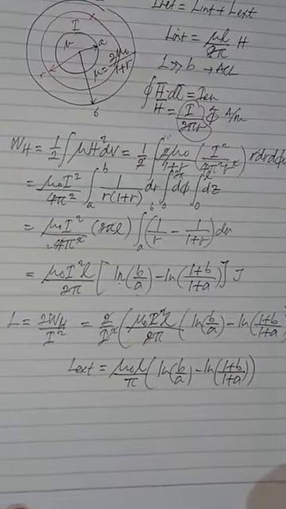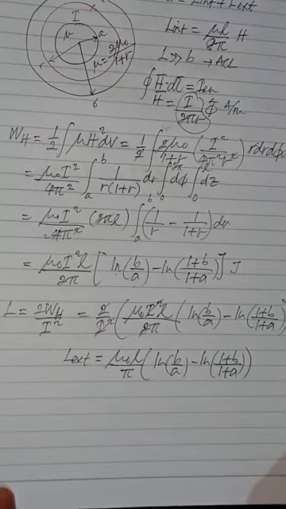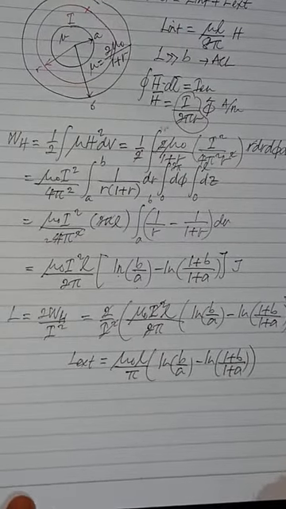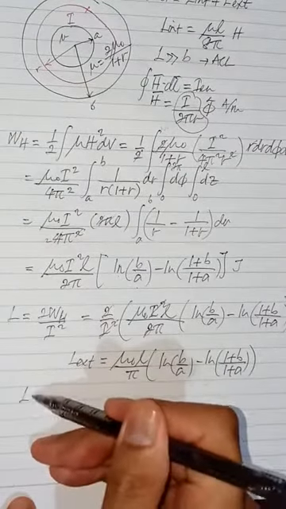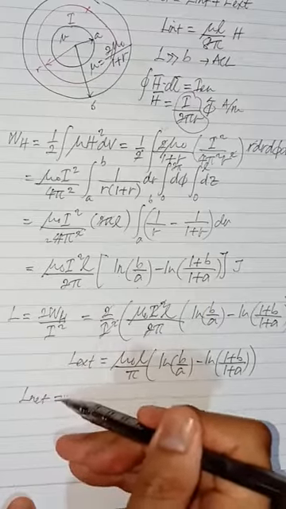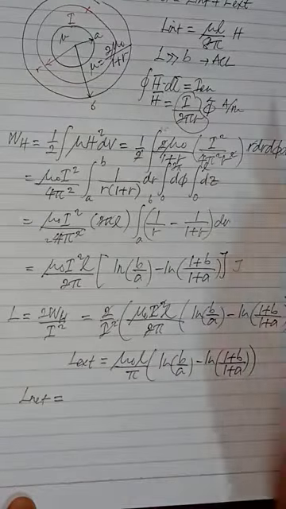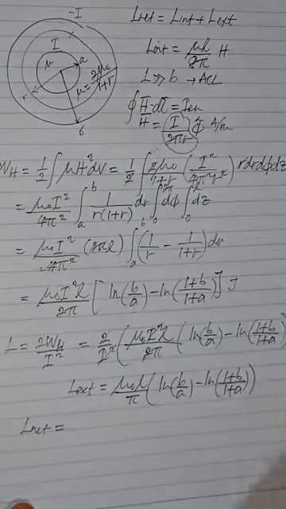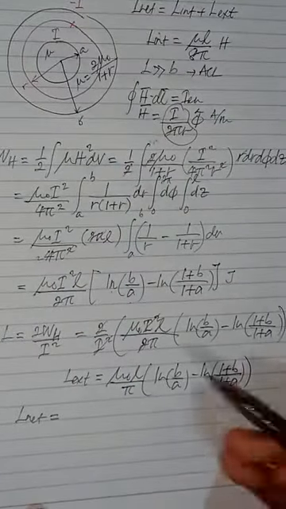Okay guys, so let's add this to the previous L internal that we derived during the last lecture. So to find the L net or L total, just add L internal with L external. So let's combine them and factorize.